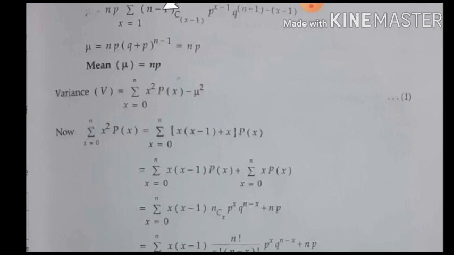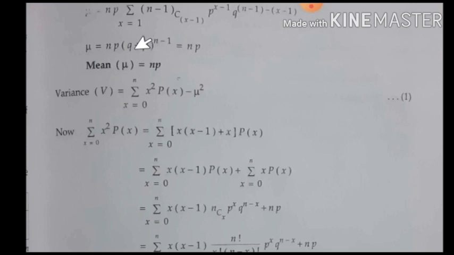So this is a series expansion of the binomial expansion, and when you expand this summation part, you are going to get the binomial expansion of q plus p whole to the power of n minus 1. We know that q plus p is nothing but 1.